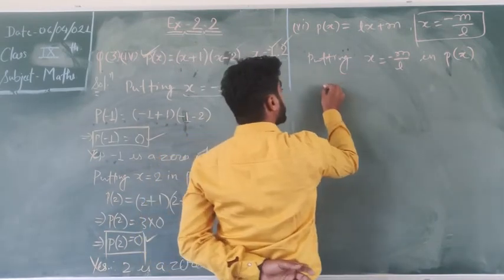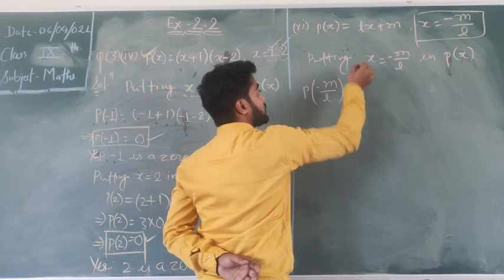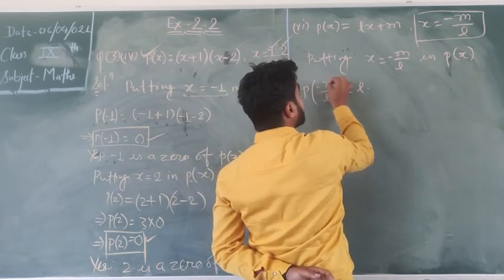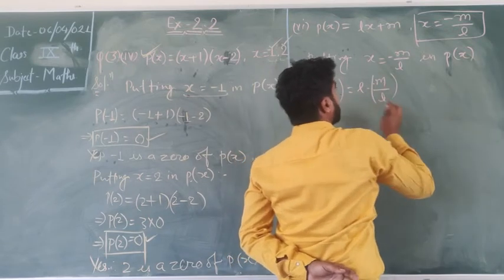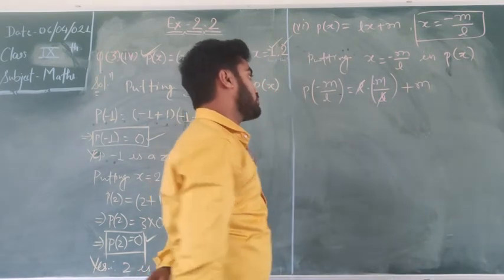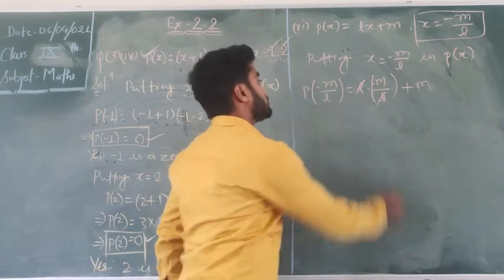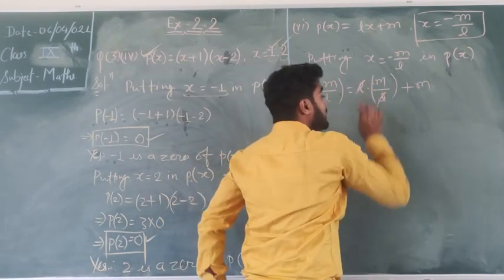So p of minus m upon l is equal to what? l into, in the place of x we put minus m upon l, that is minus m upon l, plus m. The l's cancel out because there is a multiplication sign due to the bracket. So l is in the numerator and l is in the denominator, so these two l cancel each other.